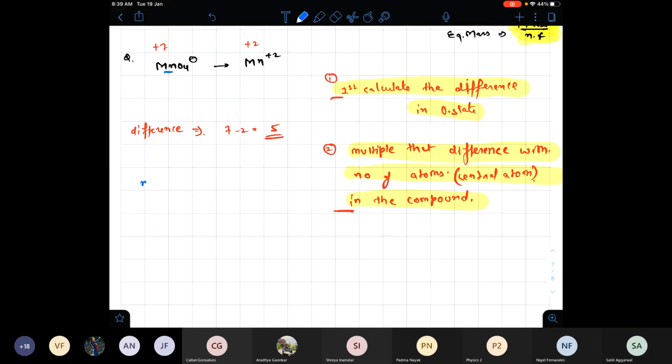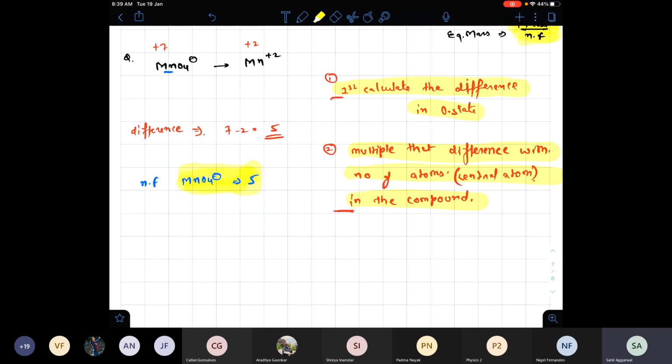One. So N factor of MnO4 minus is 5. Understood?